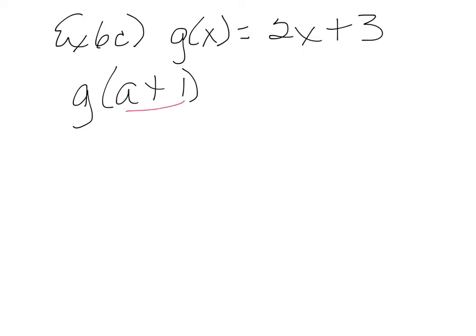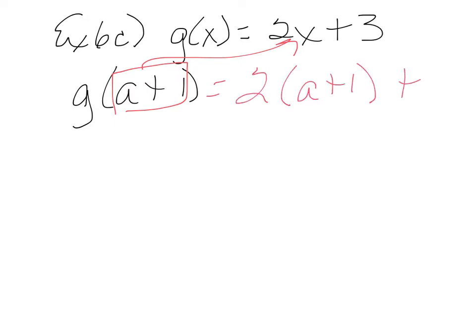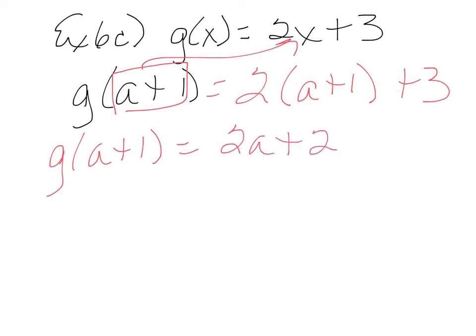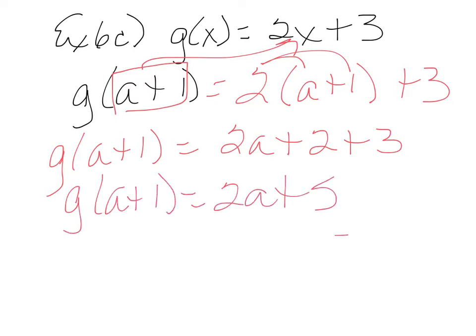So literally all of this a plus 1 is going to replace that x. So it's 2 times a plus 1, plus 3. Then you just simplify. So g of a plus 1 is actually 2a plus 2 plus 3, because you have to distribute that 2. So g of a plus 1 is 2a plus 5.